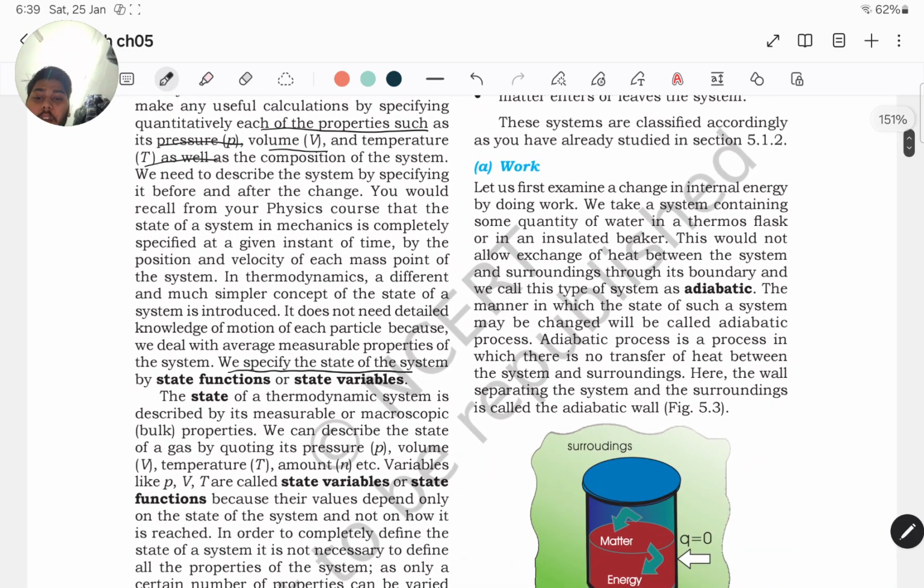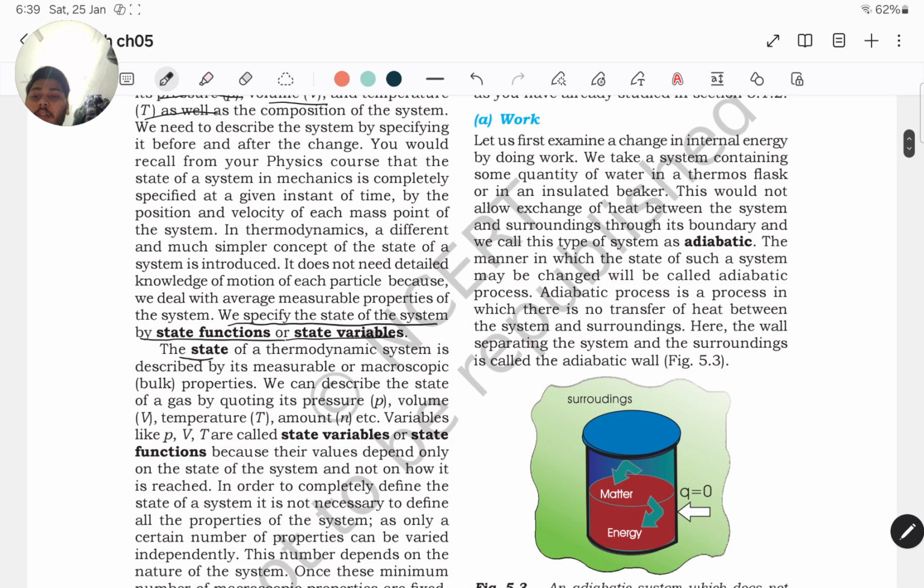So we specify the state of the system by state functions or state variables. The state of the thermodynamic system is described by its measurable or macroscopic properties. That is a very important line. You have to underline that the state of the thermodynamic system is described by its measurable or macroscopic bulk properties. So that is measurable, you can measure it.